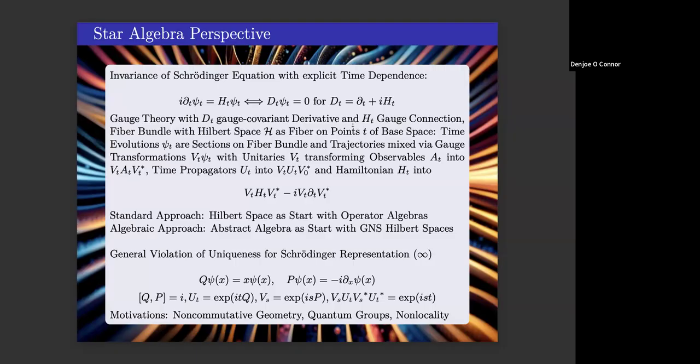So this gives some doubt on the ontological status of the Hilbert space, because you can transform it, and you can even transform trajectories into each other, and you can rotate each fiber into each other locally, and the whole dynamic stays the same. The Schrödinger equation has this invariance.